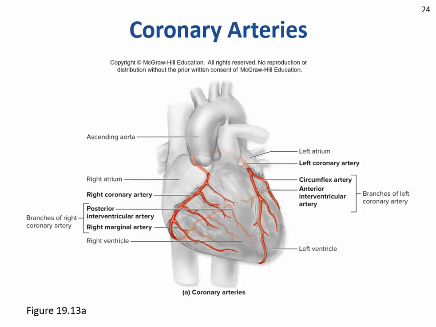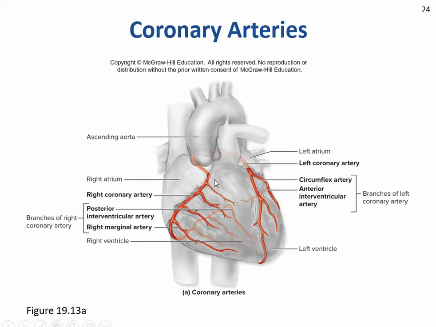When we look at the coronary arteries, there's a fair amount of variability, but most people have a left and right coronary artery coming off the aorta, right where the aorta emerges from the heart. The left one over here, the right one over here.